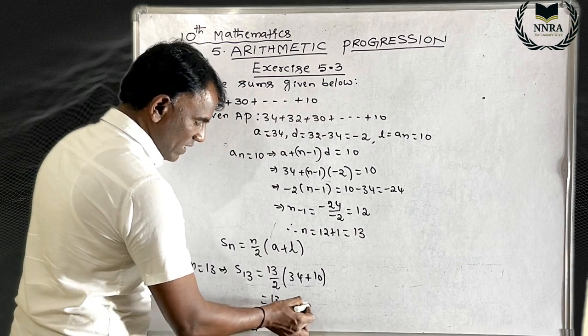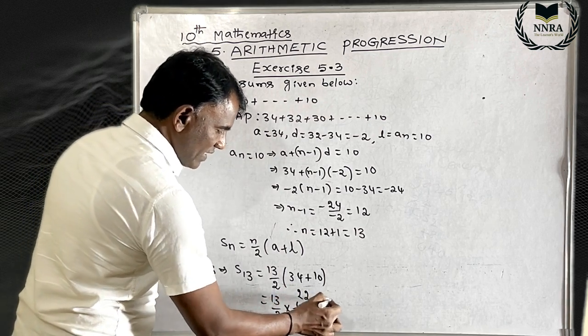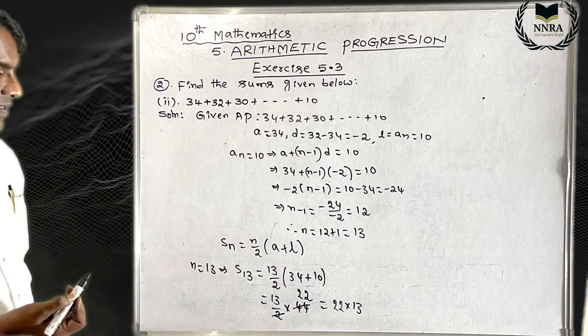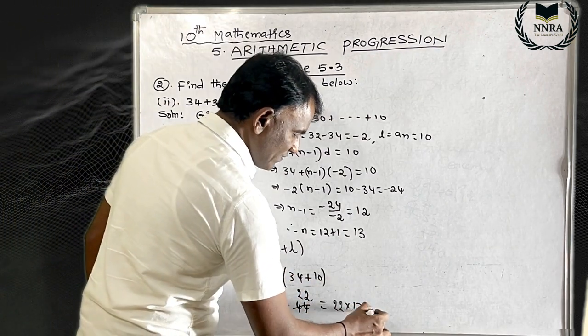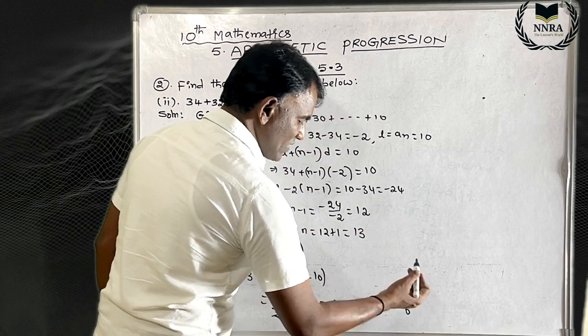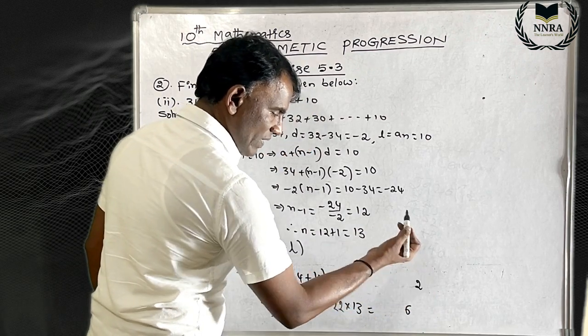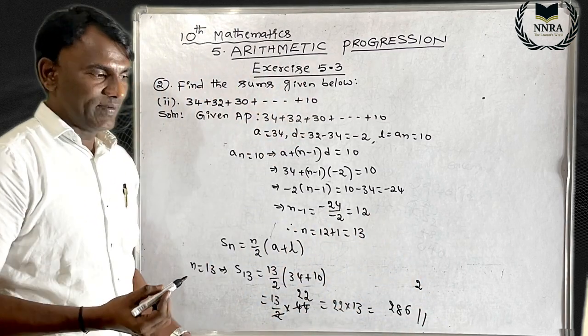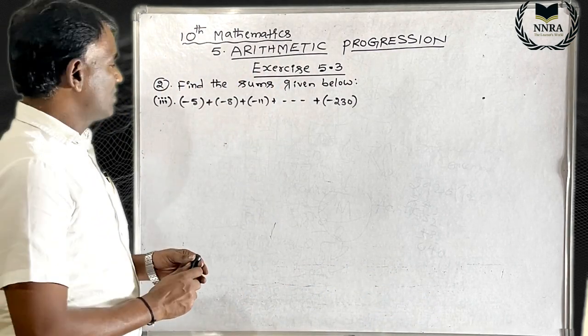So 22 times, cancel. Now it is 22 into 13. 13 into 2 means 26, so 6, it is 2. Again 26 plus 2, 28. So the answer is 286.